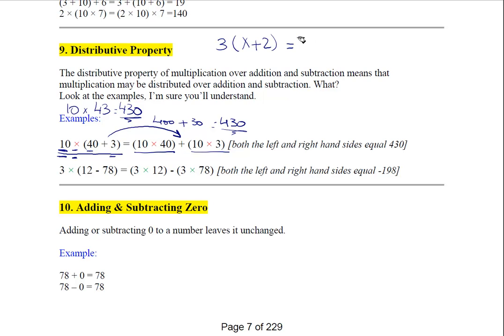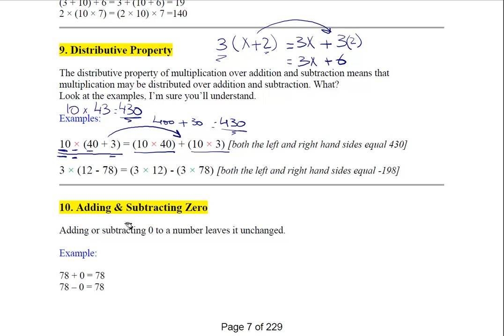First number, 3, outside the parentheses, times the first number in the parentheses. So 3x. Then we put the same sign that's here, so plus. Then again, the number outside, 3, times the second number inside the parentheses, 2. So it's 3x plus, what's 3 times 2? 6. Okay, this is basically the distributive property.